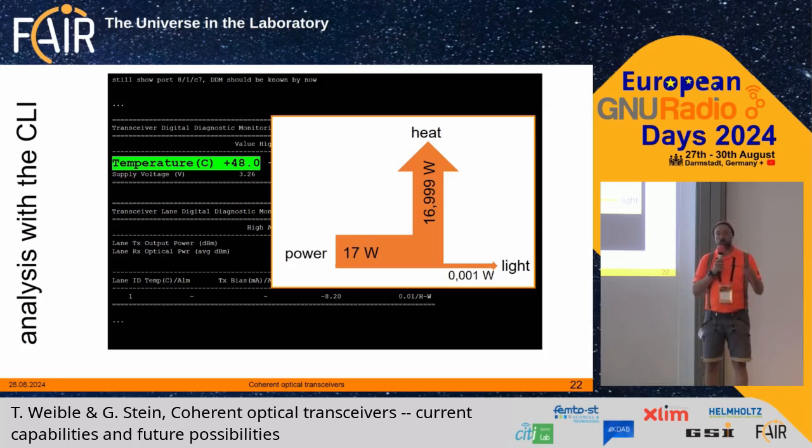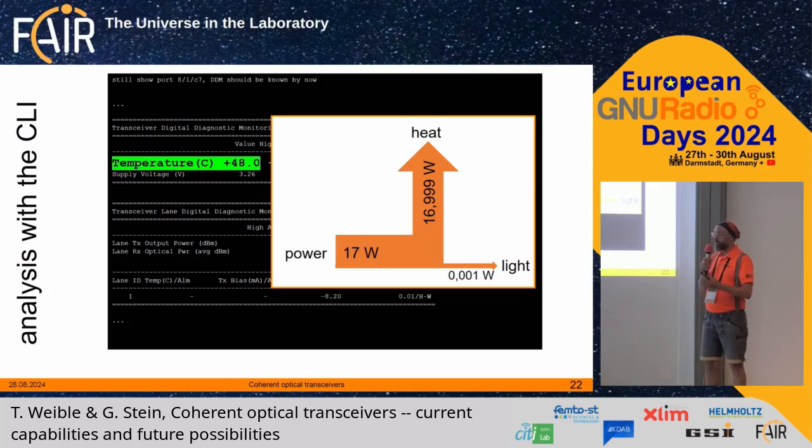And we have not only one module in such a switch, we have 20, 30 on a small dense unit. And we convert it basically to heat. And the major electricity, the major watts are converted to heat, and only 0.001 watt is converted into a light level, which actually is 0 dBm, which is a really low level of light we get there.